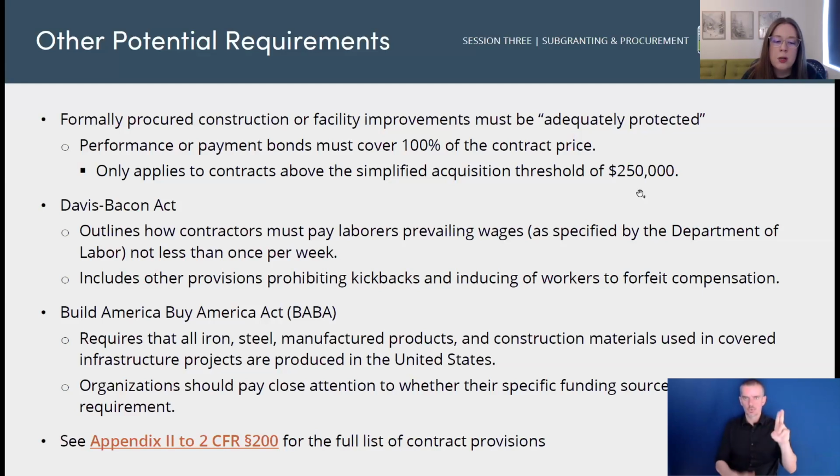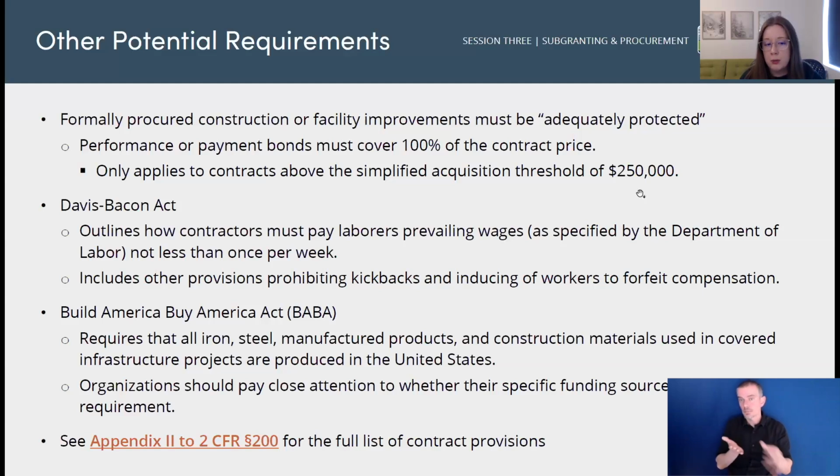You just want to be sure to pay close attention to whether this is triggered for your specific award or your specific project, because it can change the cost. So when you're creating the budget on the front end, you may want to build in a little bit more contingency, because sometimes those products may be a little bit more expensive.